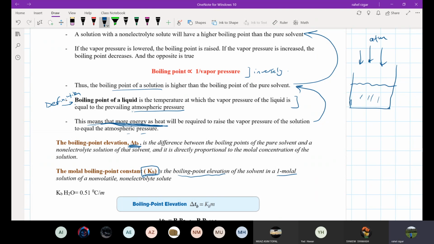For example, for water, it's 0.51 Celsius. So if water boils at 100 Celsius, after adding 1 molar concentration, it will boil at 100.51 Celsius. Why? Because it has been increased by 0.51 Celsius.